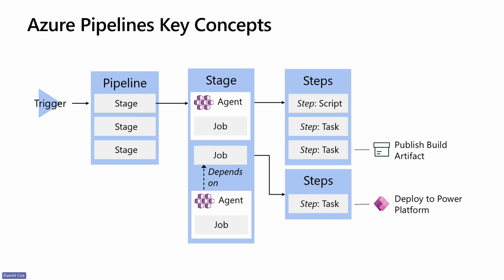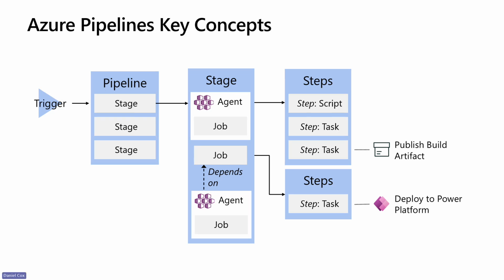Now, a job can also be agentless, but what is an agent? Well, an agent is really a computing infrastructure with installed agent software that runs one job at a time, right? So each agent runs a job, and that job contains one or more steps. Now, a step can be a task or it can be a script, and it's sort of the smallest building block of a pipeline.